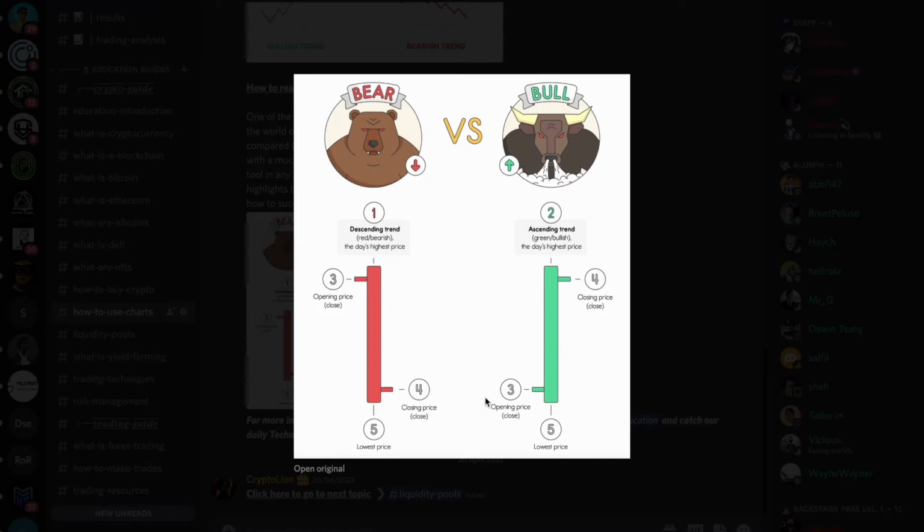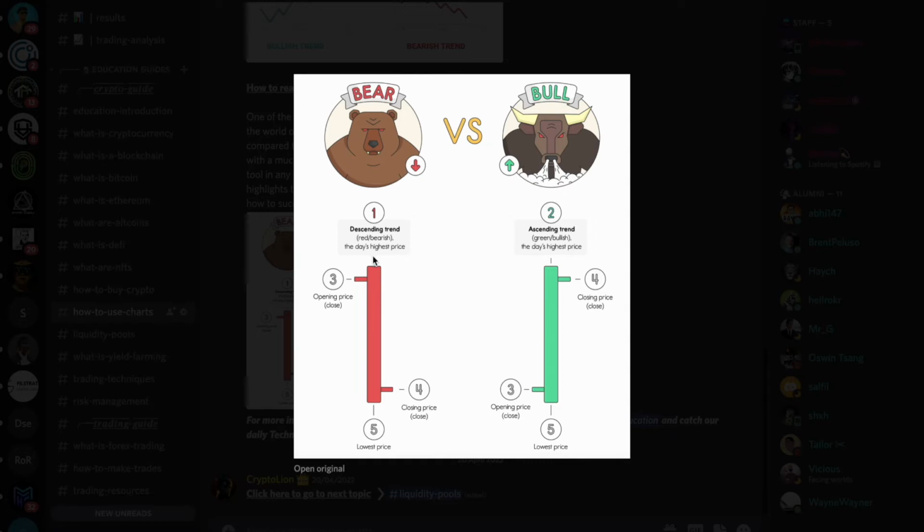And if we look at a bullish candle, the opening price will be at the bottom, and the closing price will be at the top. And then you'll see wicks on the candles. The wick at the bottom shows the lowest price it touched, so it creates a tail, and a wick on top shows you the highest price it went, and then vice versa for a descending trend.